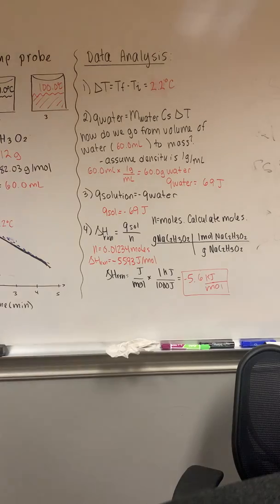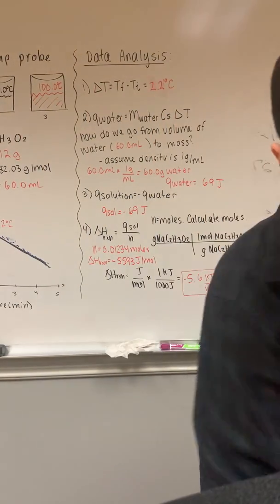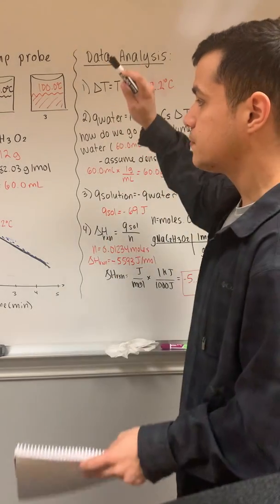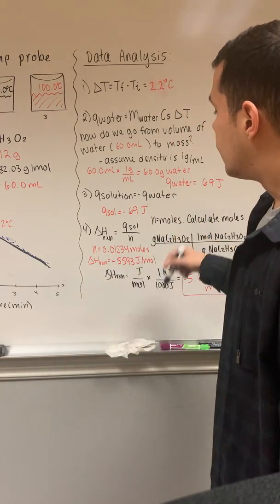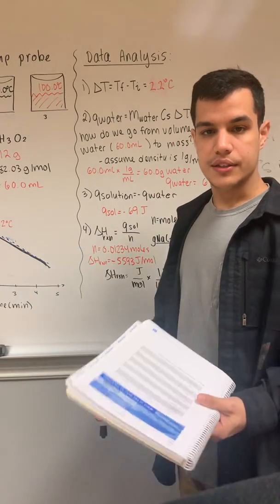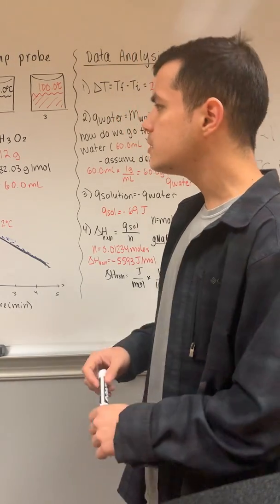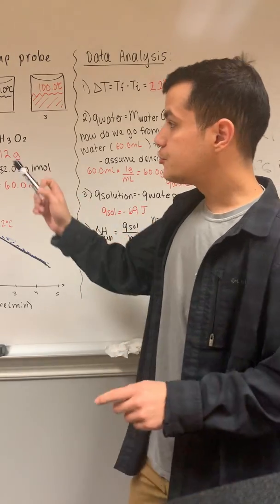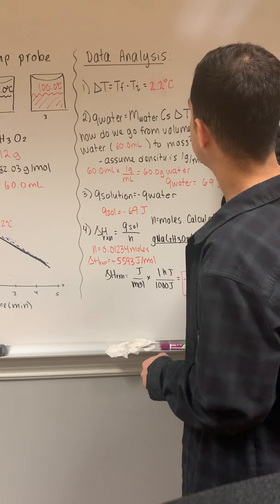So, I put up my data on the board, and like I said, we have some data we just collect. We don't do any calculations to it, but here we have to do some calculations to get the delta H, or the enthalpy of our solution. Another thing is when you do these calculations, you have to write the delta, that little triangle sign, in front of the H always.